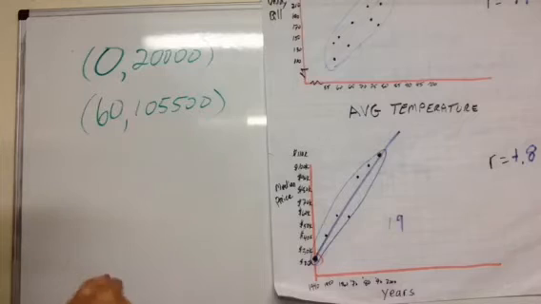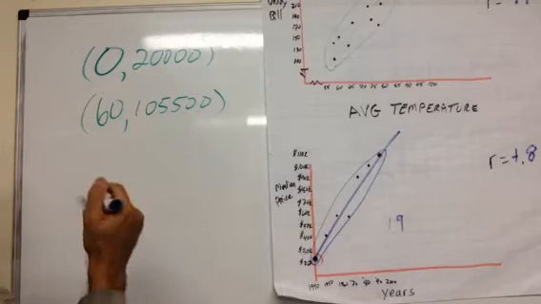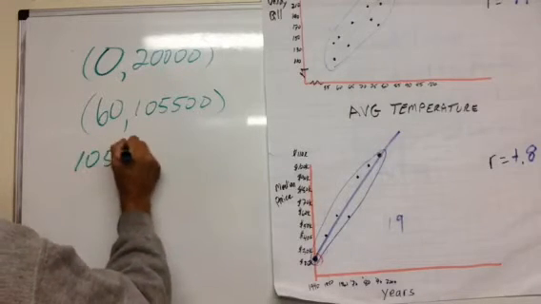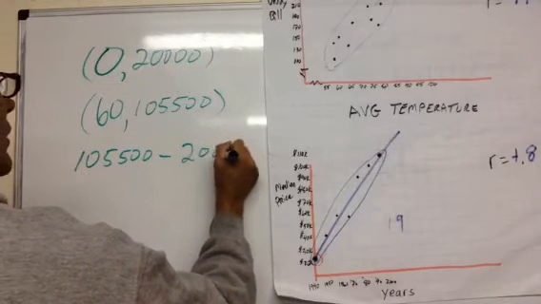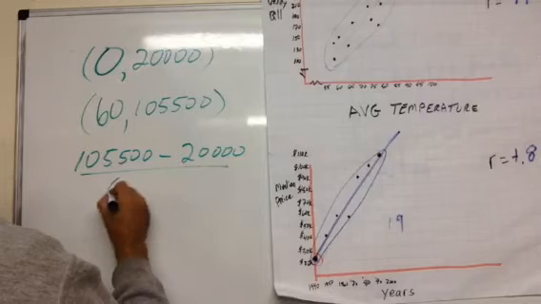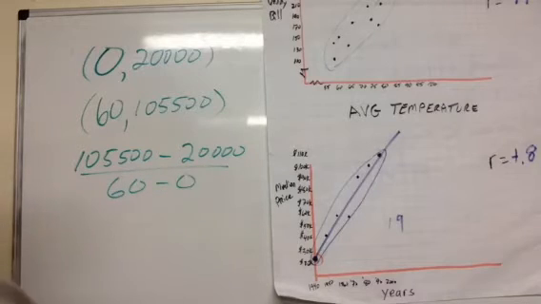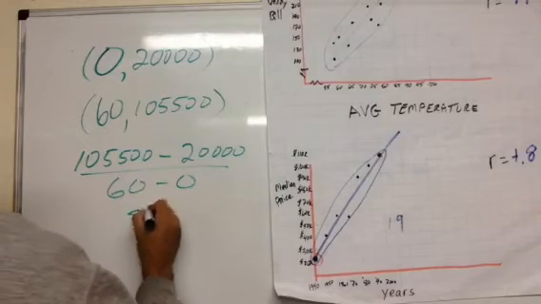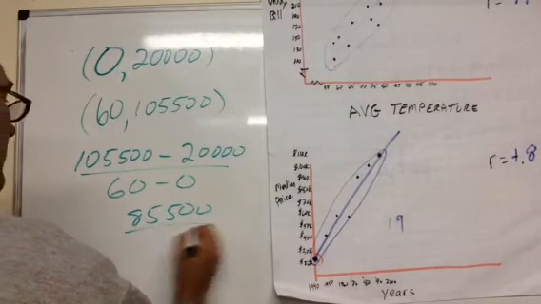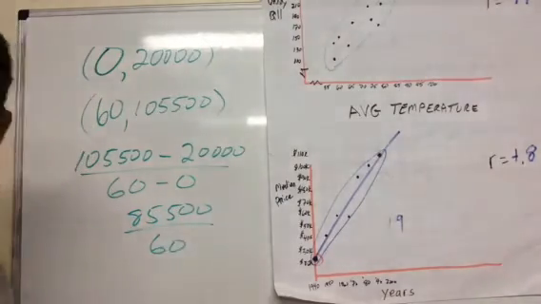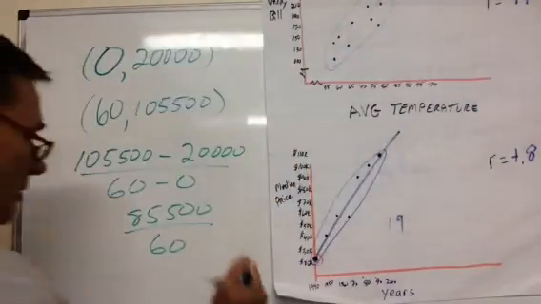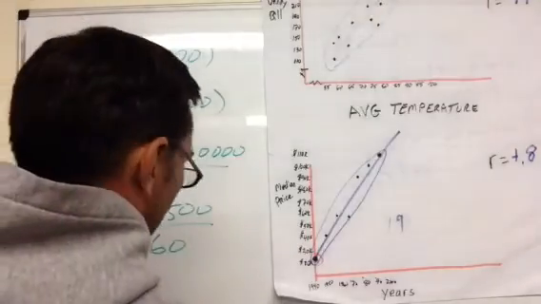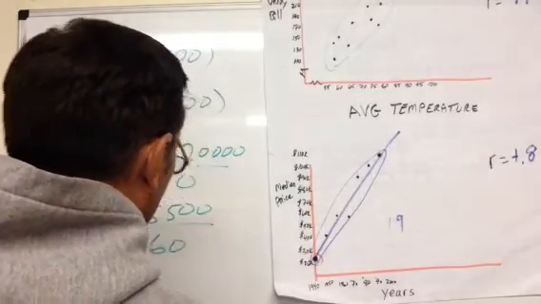So, first thing, we have to get our slope. Remember slope formula: y2 minus y1 divided by x2 minus x1. So 105,500 minus 20,000 is 85,500 divided by 60. Now, I'm not that good at doing my math, so I'm going to do it off to the side because it's quicker than finding a calculator.